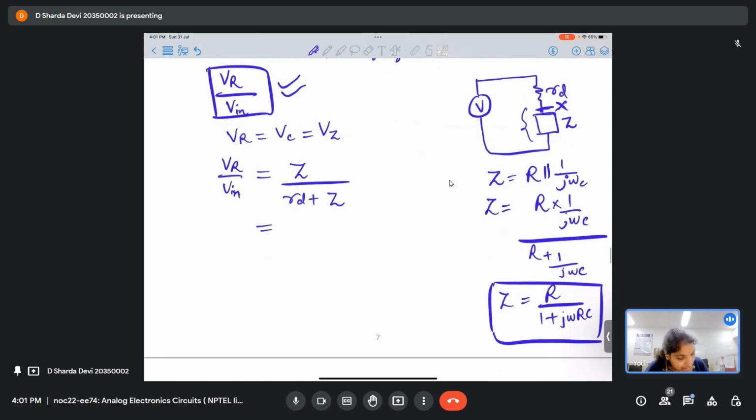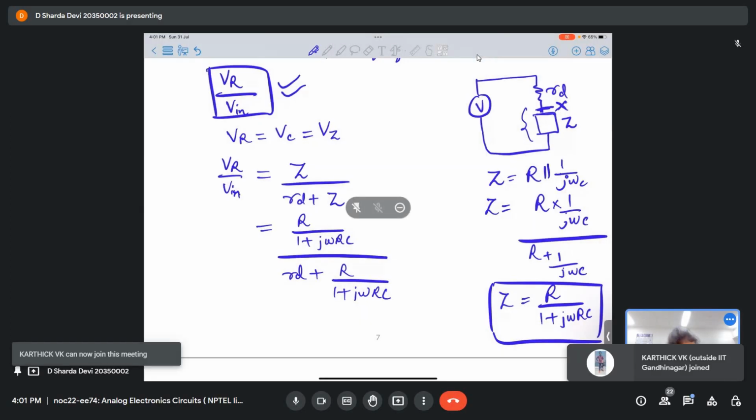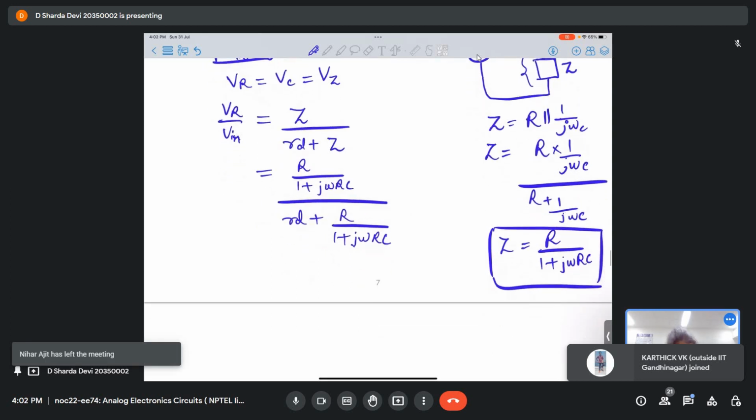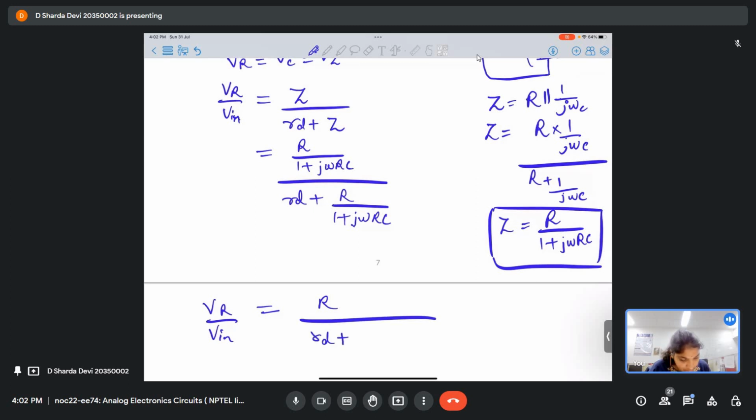And we know the value of Z. It is R by 1 plus j omega RC, divided by Rd plus R by 1 plus j omega RC. This gives VR by Vin as R by Rd plus j omega RC into Rd plus R.